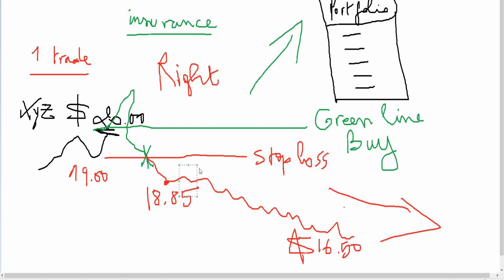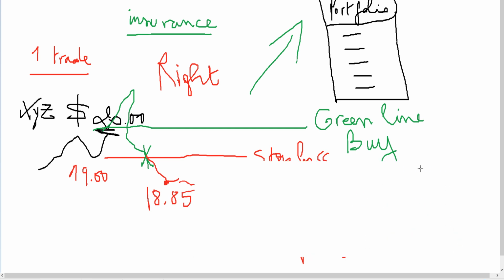The stock goes down a few days, but after a few days it goes up, it hits your stop loss again, and it goes up and it hits your green line buy again. Okay, so whenever it goes to your green line here, you buy again.